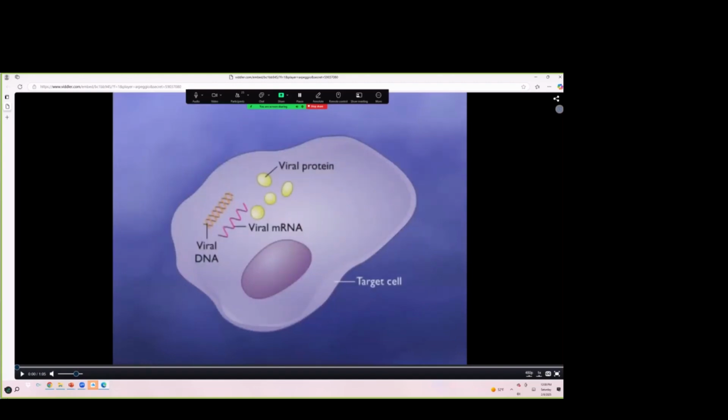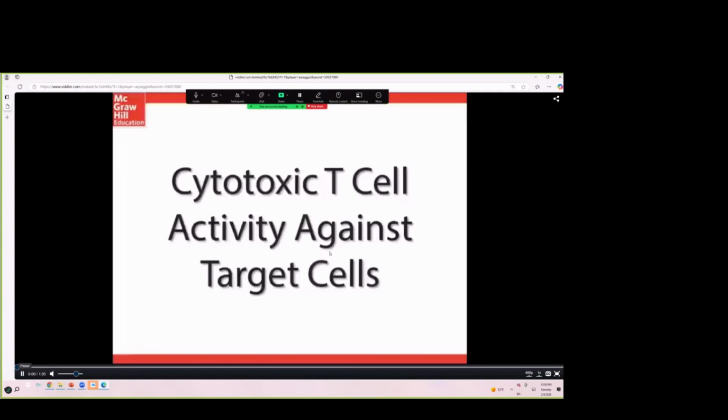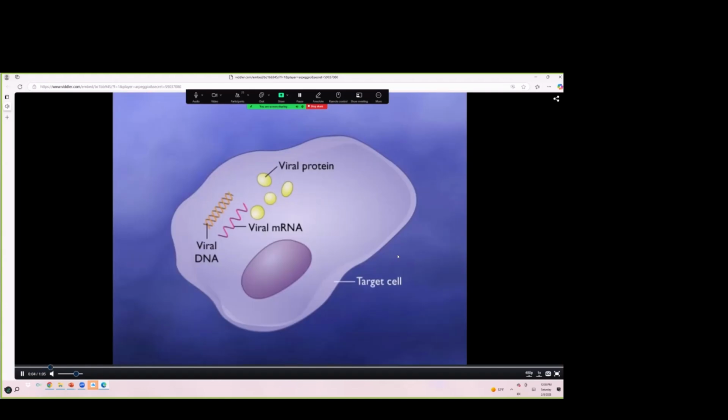Again, it targets viruses and cancer cells. When a virus infects a cell and synthesizes viral proteins, some of these proteins are degraded to peptide fragments. These peptide fragments form a complex with class 1 MHCs and are displayed on the surface of the infected cell.